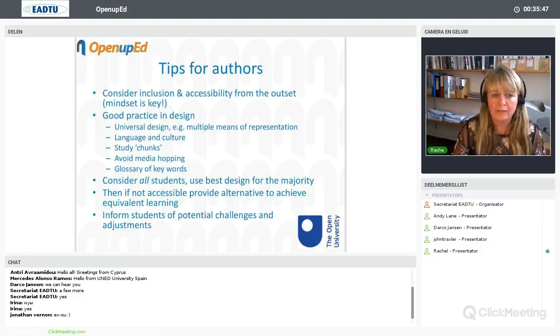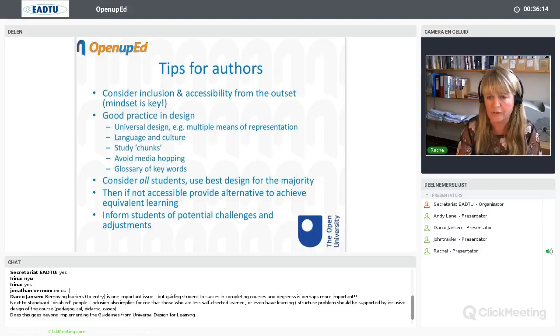And one of the things that I do is work with authors once they're thinking about designing courses and in that production process to help them address accessibility right from the start. And I think one of the things I would say about promoting inclusion and accessibility is it's all about mindset. It's all about awareness and being aware of what the issues are and trying to address those as you design a new course.